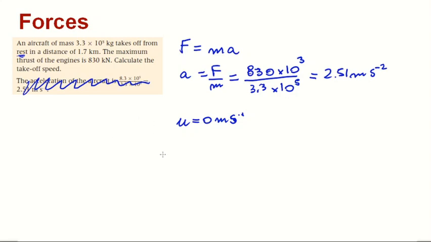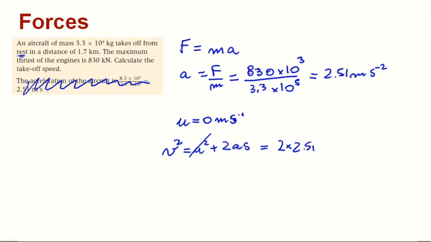Well, so in our CVAT equations, we have an equation that says the final velocity squared will be the initial velocity squared plus 2 times the acceleration times the displacement. Now, the initial velocity is 0, so we only need those values. We know the acceleration and the displacement, so we can just multiply 2 times the acceleration that we have found, 2.51.